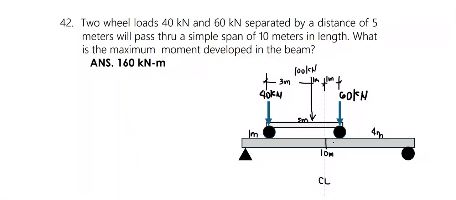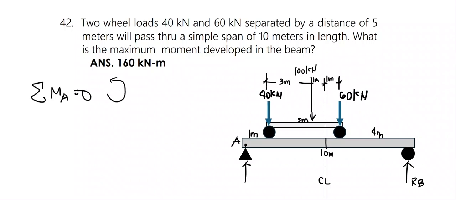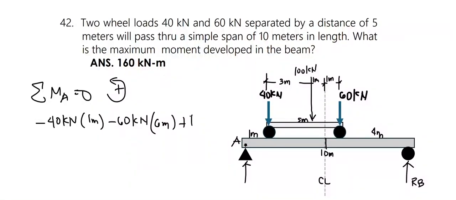Now to solve for the moment, we first need to solve for the reaction at the supports. So let's take this point as point A, and this reaction here called RB. We can take summation of moment at point A equal to 0, considering counterclockwise to be positive. So we have the 40 kN force inducing a clockwise moment, so it's negative, times its moment arm distance of 1 meter, minus the 60 kN force times its moment arm distance of 6 meters, plus the reaction at the support RB multiplied by its moment arm distance of 10 meters.